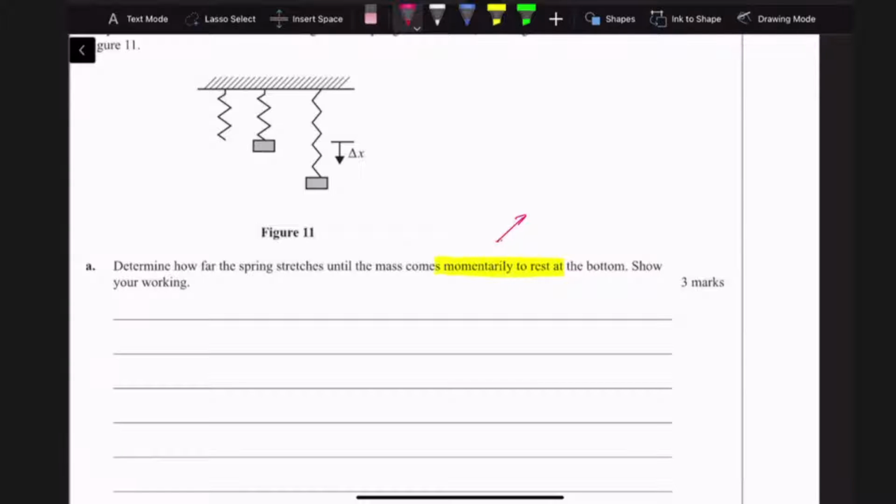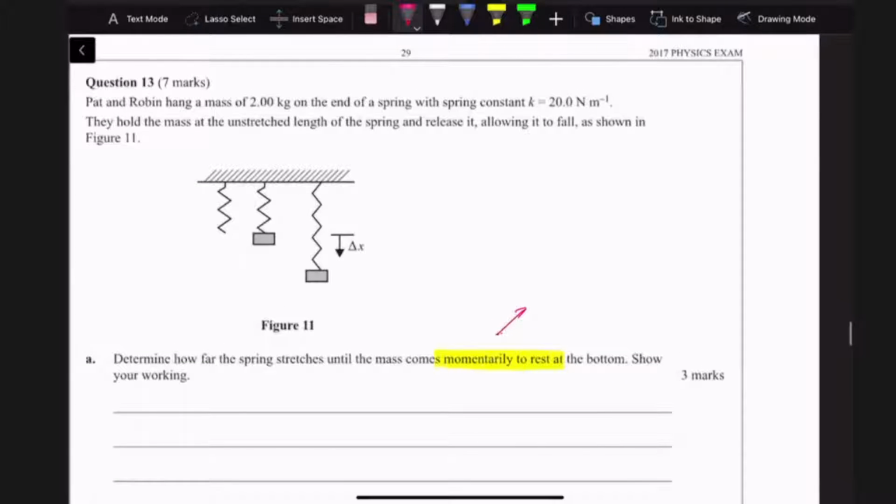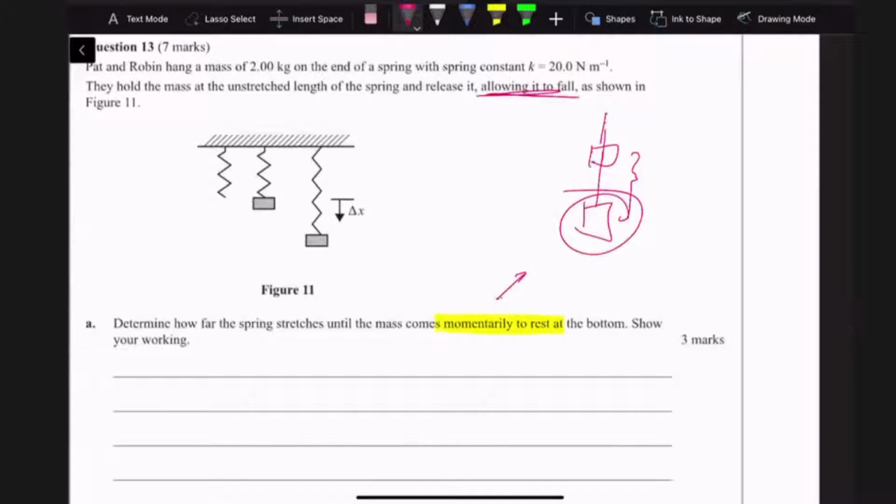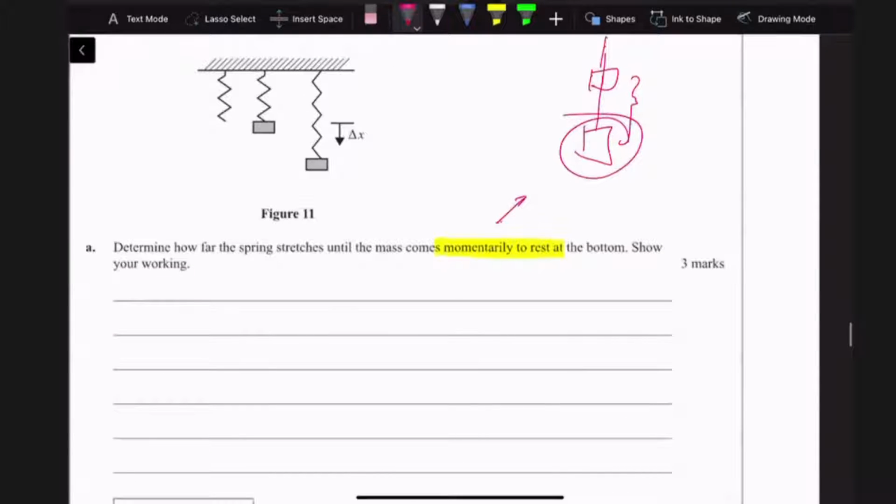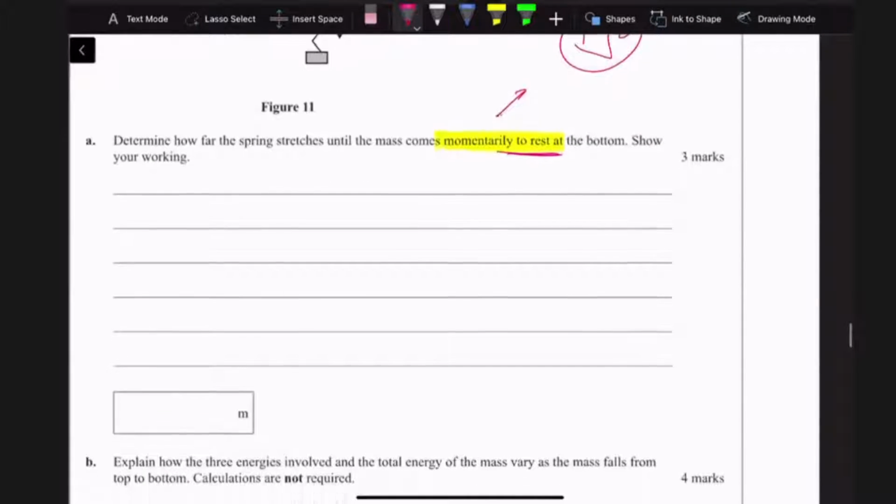So since it's falling, it reaches the bottom and then it oscillates between these two places. And it's asking for the total extension at this place. So it's not actually when the mass is at rest. It's just when it's at its lowest point, because at that moment it's momentarily at rest, because then it has to go back up.